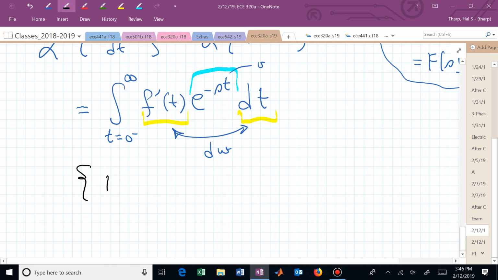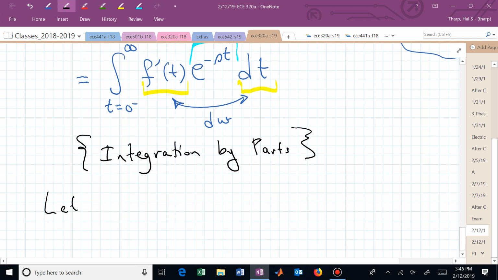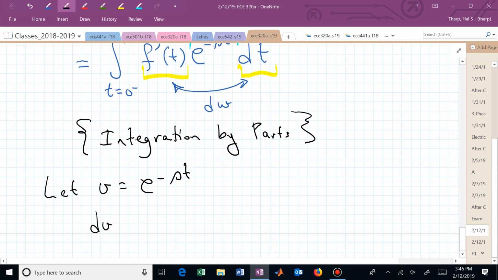We are now wanting to do integration by parts, where we are letting v equal e to the minus st, and if that's the case, then we can differentiate that. What's dv equal to? We're differentiating with respect to t. It's now minus s e to the minus st dt.